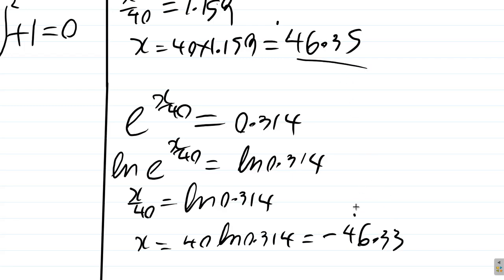So these are the two values that I have for x. 46.3, or call it 46, and negative 46. Alright, so I have two values of x here. I'll see you in the next video.